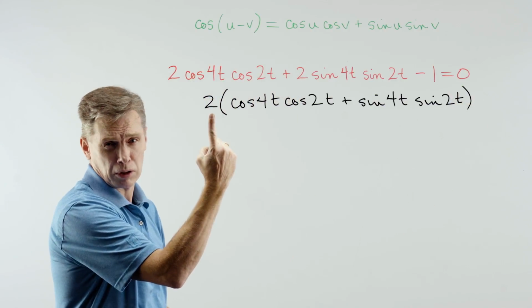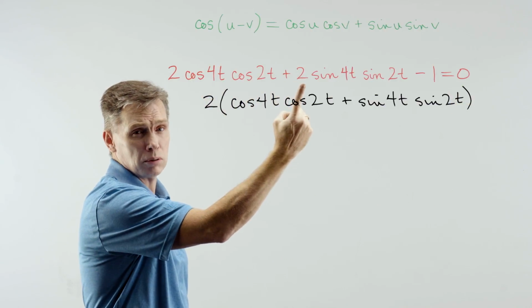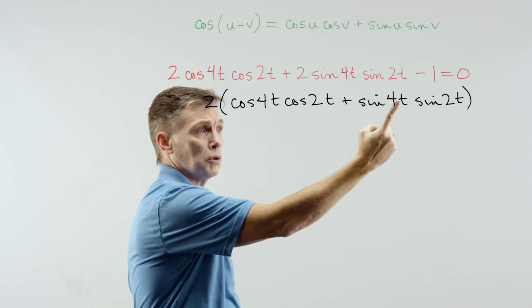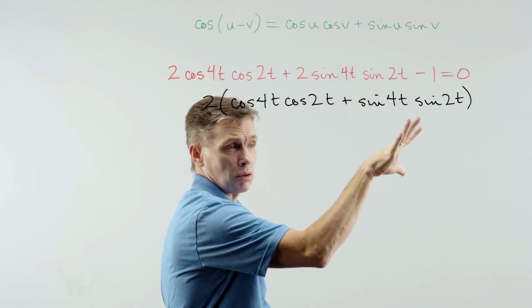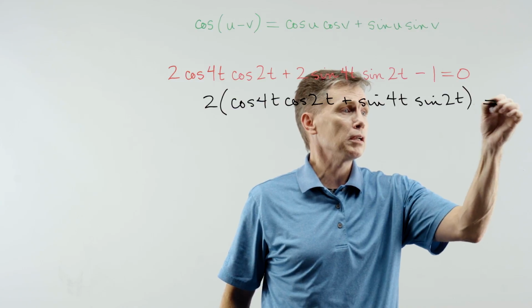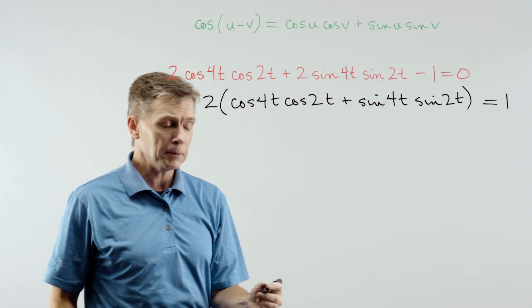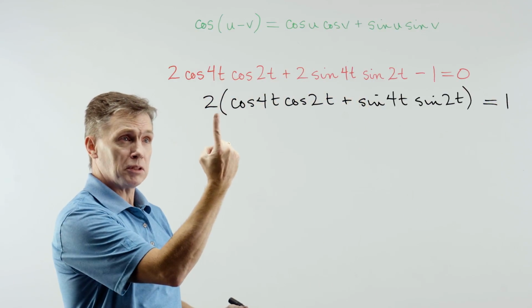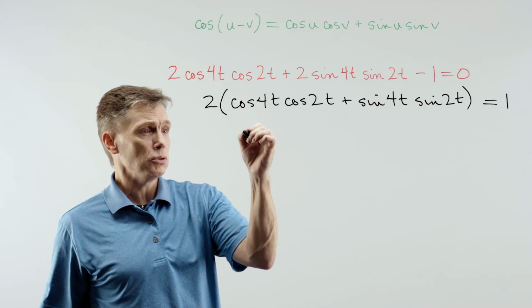That was me factoring a 2 out of those two terms. And while I'm at it, I'm also taking that subtraction of 1 and throwing it to the right-hand side so that it equals 1.